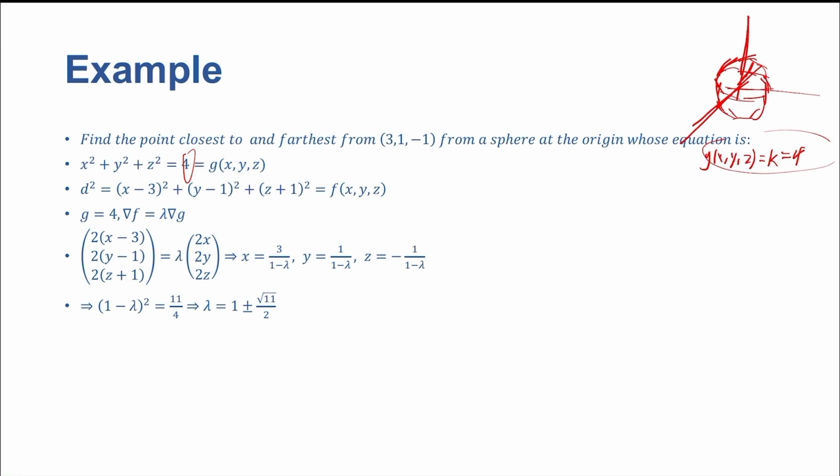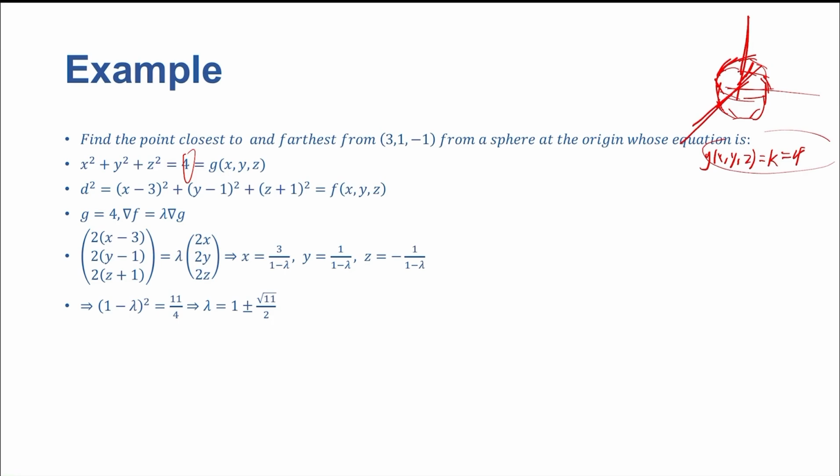So here, as you can see, we're plugging this into our equation for the sphere. And then we can solve that for lambda. It's a fairly easy quadratic. We get lambda equals 1 plus or minus the square root of 11 over 2.